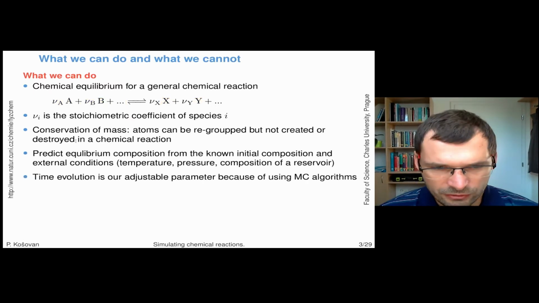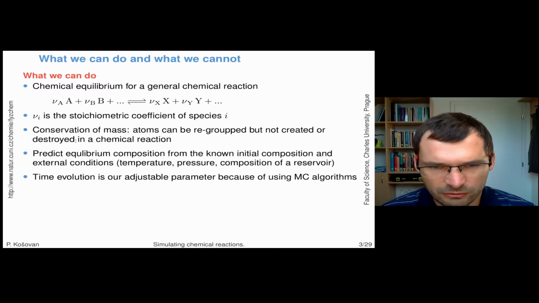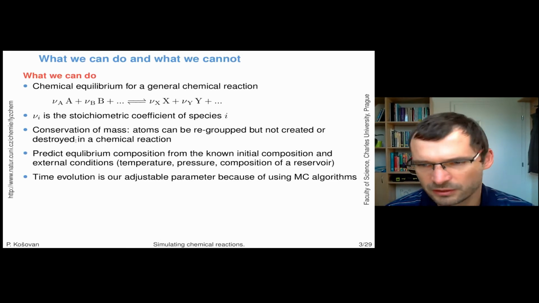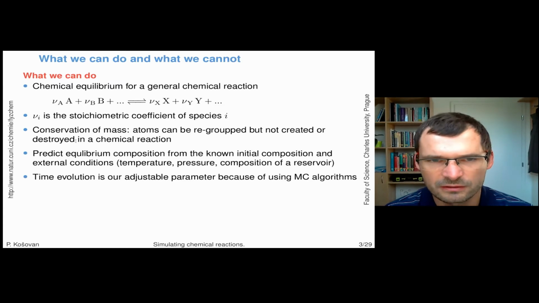It's important to note that in this chemical reaction framework, we are using Monte Carlo algorithms, and because of that, the time evolution of our simulation, of the composition in our simulation, is actually an adjustable parameter that is a function of the type of Monte Carlo moves that we use and of the frequency with which we use them.